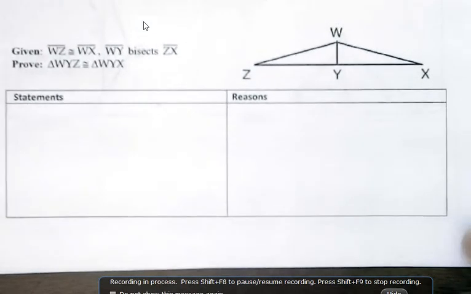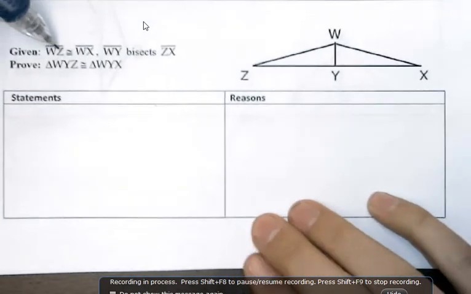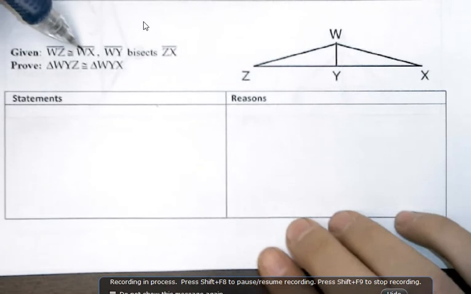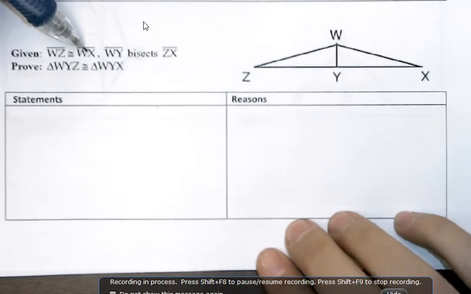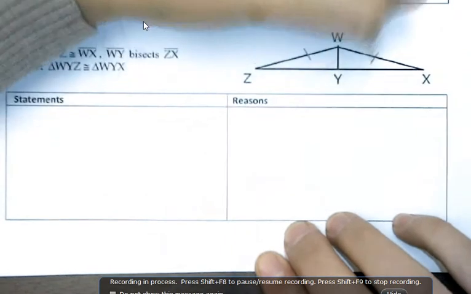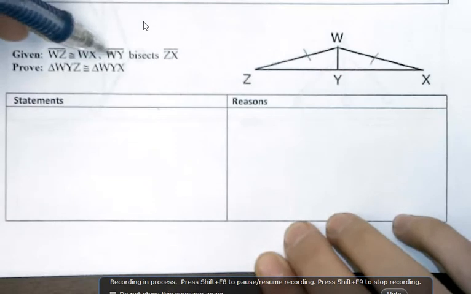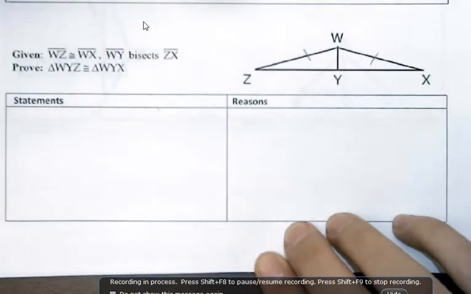So now here's a proof. Yay, more proofs, right? Okay, so it says given WZ is congruent to WX. I'm going to go ahead and mark that. WZ is congruent to WX. And it says segment WY bisects segment ZX.